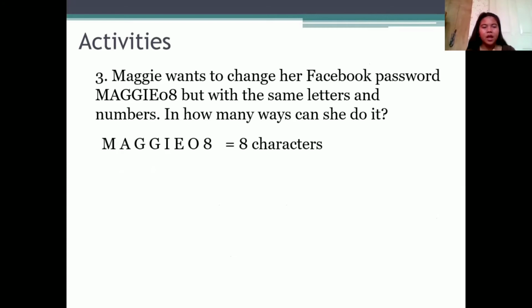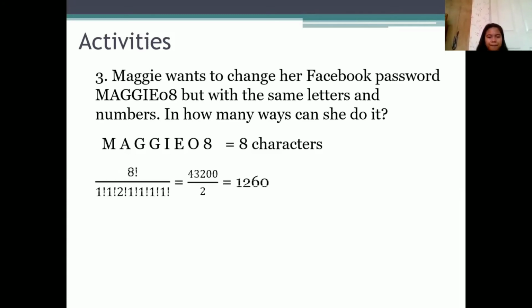Next. Number 3. Maggie wants to change her Facebook password, Maggie08, but with the same letters and numbers. In how many ways can she do it? Maggie08 has 8 characters, right?